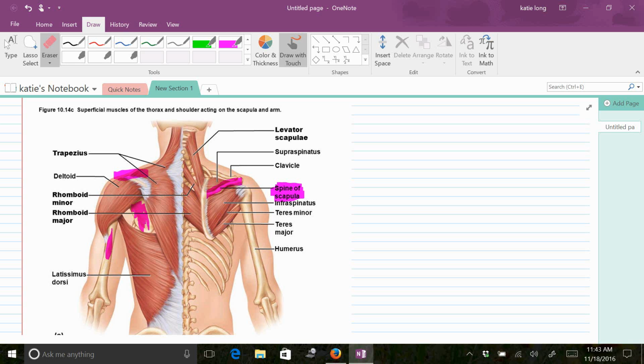It adducts, and so we know that that's going to be moving toward the midline. So it adducts the arm toward the midline at the shoulder, and that makes sense because it's inserting on the humerus. So that's how it can adduct the arm at the shoulder. And it medially rotates the arm at the shoulder, which makes sense because it's inserting on the humerus. And it extends the arm at the shoulder. Okay.